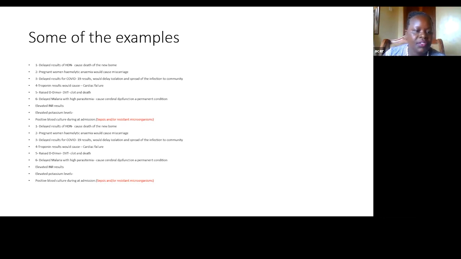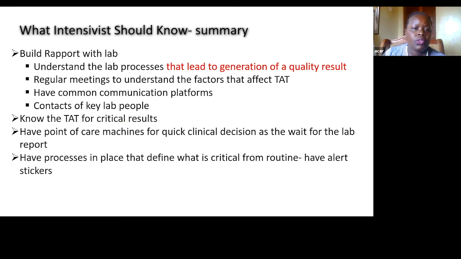Elevated INR, elevated potassium. By the time you see high potassium, you know something is happening and it can lead to death. These are just examples I decided to pull out: if the result is delayed and the intensivist is not guided on what is happening, it can lead to the death of our patient.